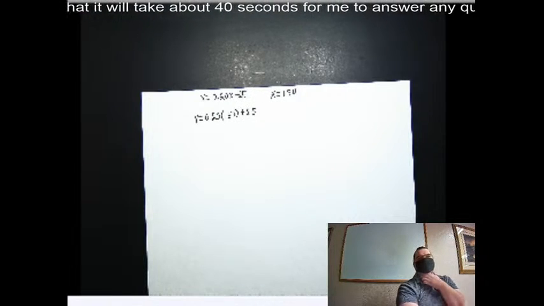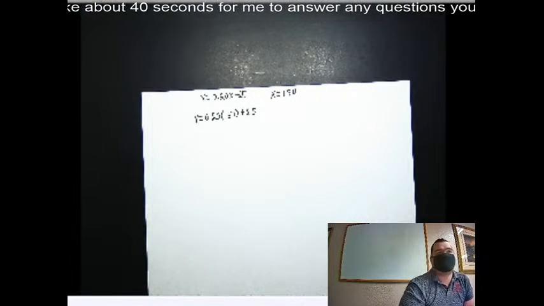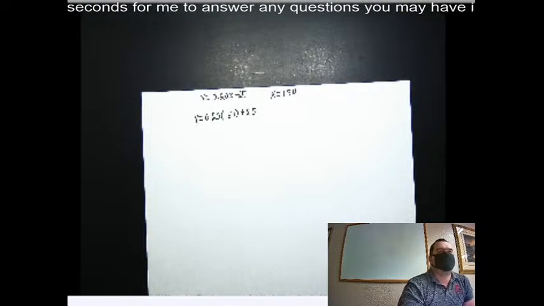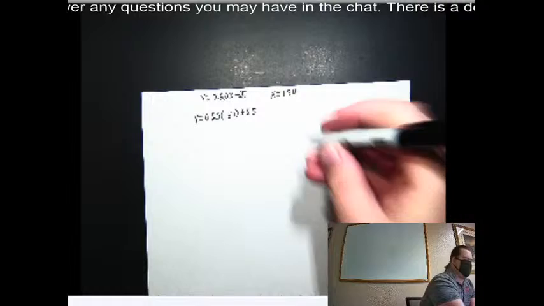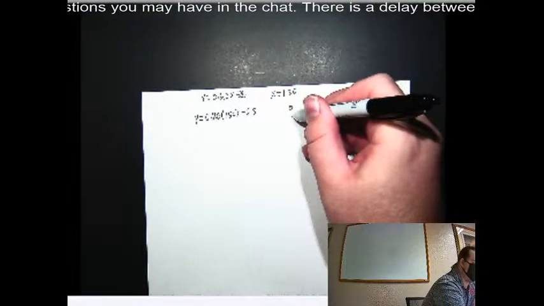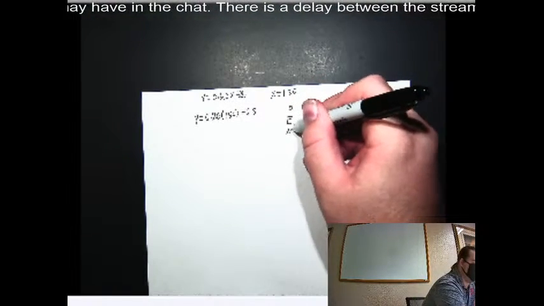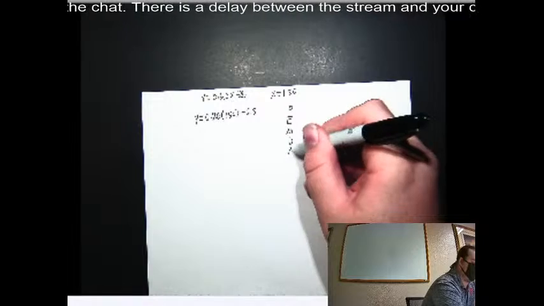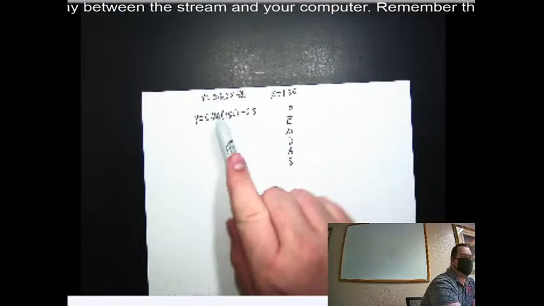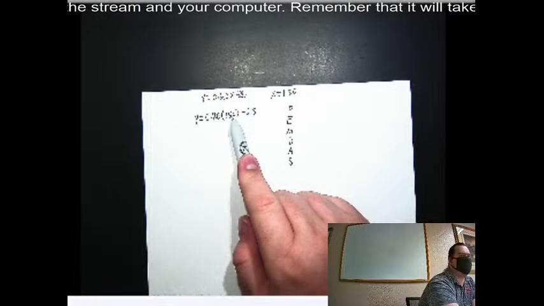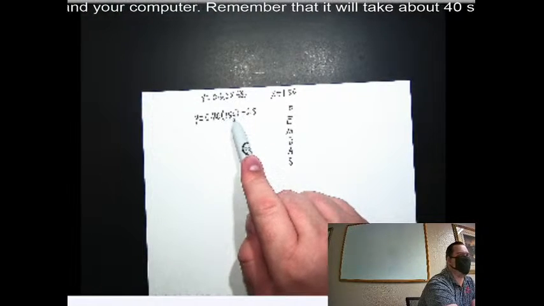All right, well, we've got it all set up. All we need to do now is calculate it. So, always follow your order of operations. That's parentheses, exponents, multiply, divide, add, subtract. So parentheses. We have parentheses, but it doesn't look like we can do anything inside of them.